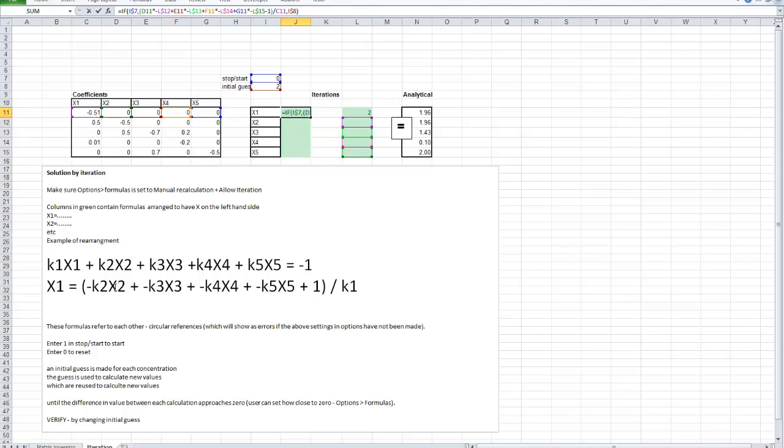Where the reference is made to the concentrations in these other compartments, they're made to this second group of cells. Similarly, if we click on this, we've got the same equation, however it's referring to concentrations that are going to appear here.